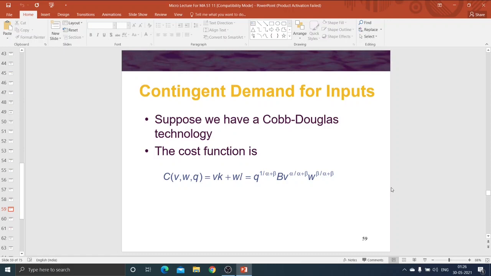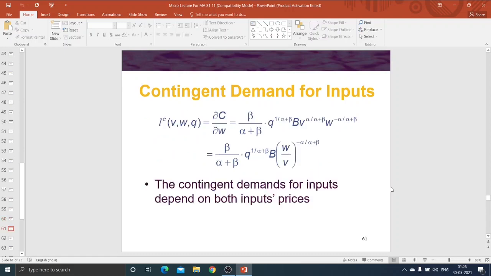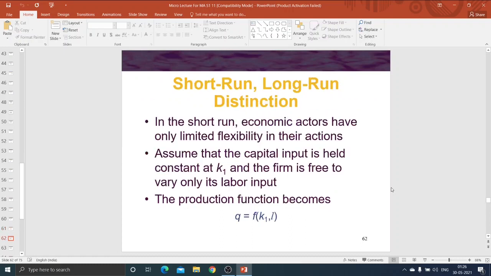So this is the cost function in the case of Cobb-Douglas, which we have discussed many times in different contexts. So there is no problem as far as this conceptualization is concerned. Contingent demand for input depends on both input prices. With this, let me stop that portion, and let us look into the short run, long run distinction of the cost.